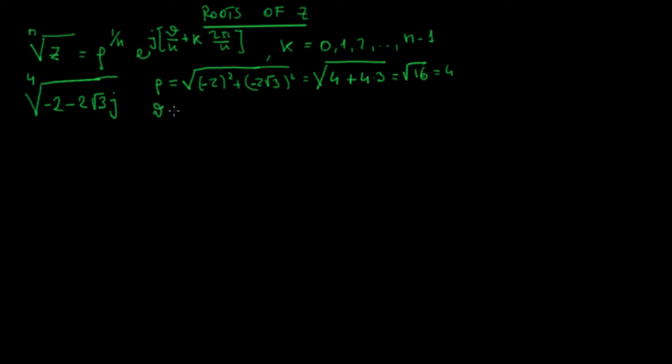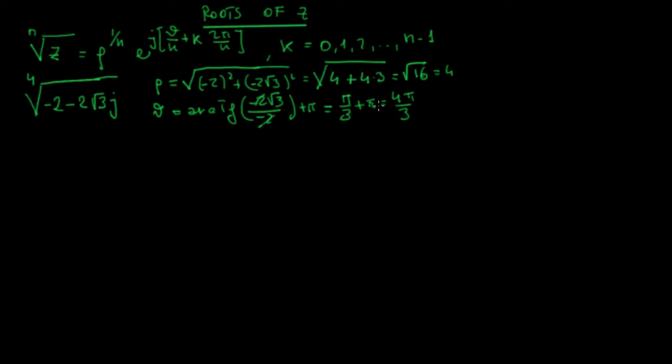While the argument theta, in this case, is the arctangent of minus 2 square root of 3 over minus 2, and we have to add pi because the real part of z is less than 0. Minus 2 and minus 2 cancel each other, so the arctangent of the square root of 3 is pi over 3, plus pi, so we get here 4 pi over 3.